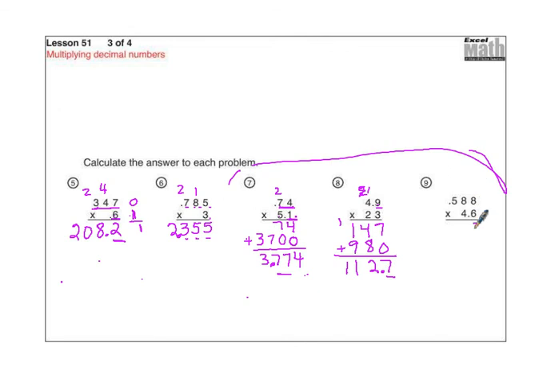8 times 6 is 48. Carry the 4. 8 times 6 again is 48. Plus 4 is 52. 5 times 6 is 30. Plus 5 is 35. I'm going to scribble these out so I don't use them again on accident. 0 here. 8 times 4 is 32. Carry the 3. 8 times 4 again is 32. Plus 3 is 35. Carry the 3. 5 times 4 is 20.